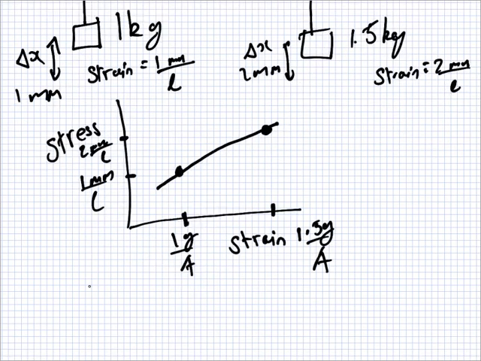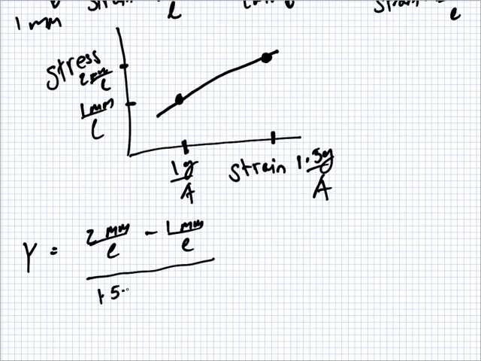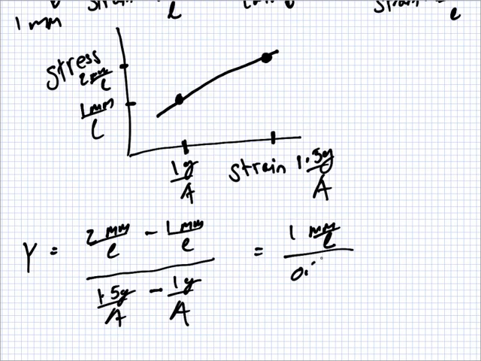So Young's modulus would be 2 millimeters over L minus 1 millimeter over L, over 1.5g over A minus 1g over A. So that's 1 millimeter over L over 0.5g over A, which is 0.002 times A over L.